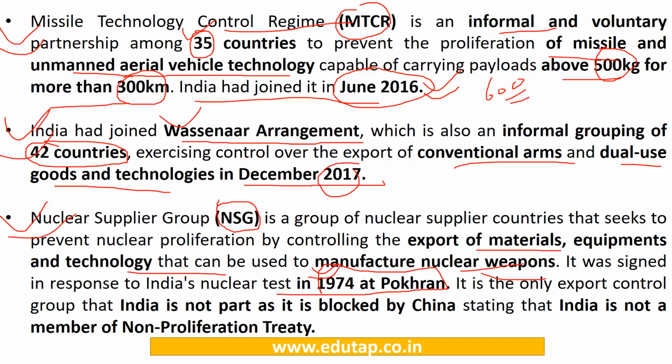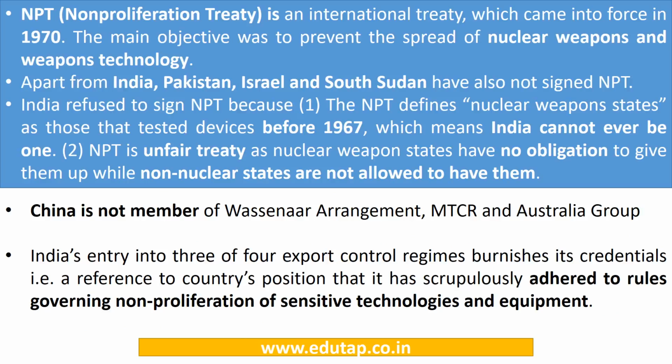India's entry to this group is mainly blocked by China, stating that India is not a member of the Non-Proliferation Treaty. Very important to remember the field in which each group works, when India joined it and how many members it contains.